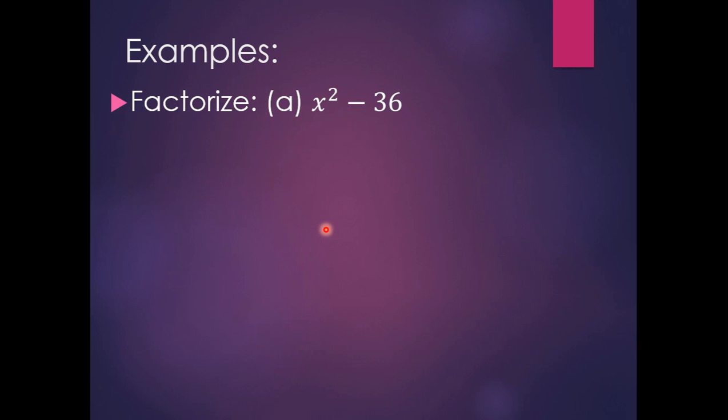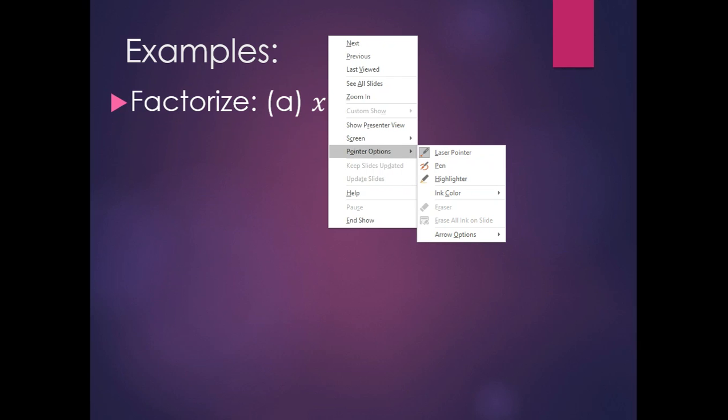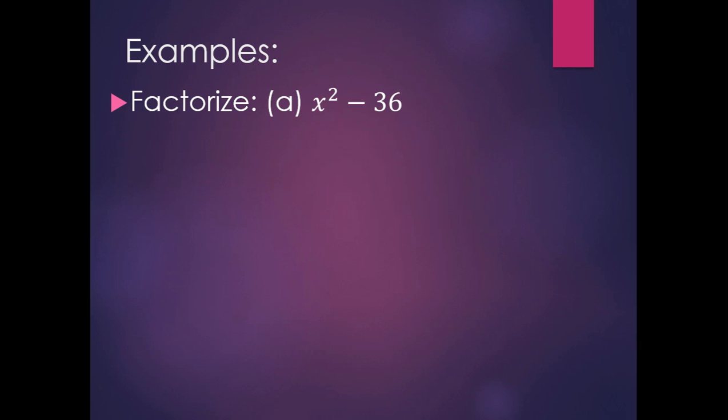Now an example in which we will use the formula a square minus b square equals a plus b times a minus b. So our formula is a square minus b square equals a plus b times a minus b.